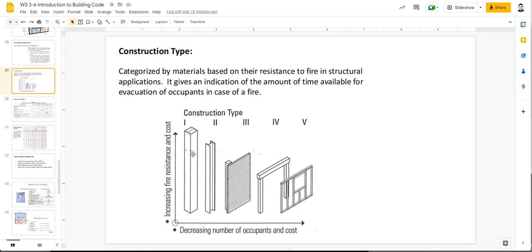Concrete cracks under heat, but it doesn't really burn. So type 1 is the strongest in terms of fire rating, but it's the costliest. The cheapest one to make is out of the 2x4s, 2x6s, but it's not the safest in terms of fire safety.